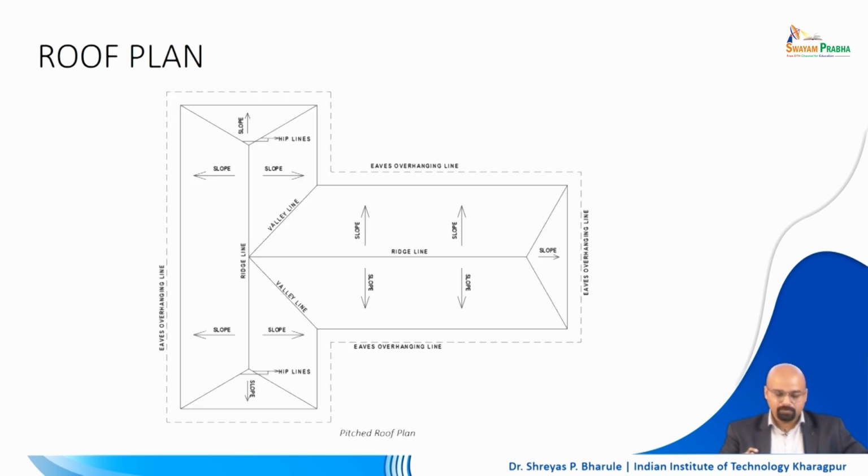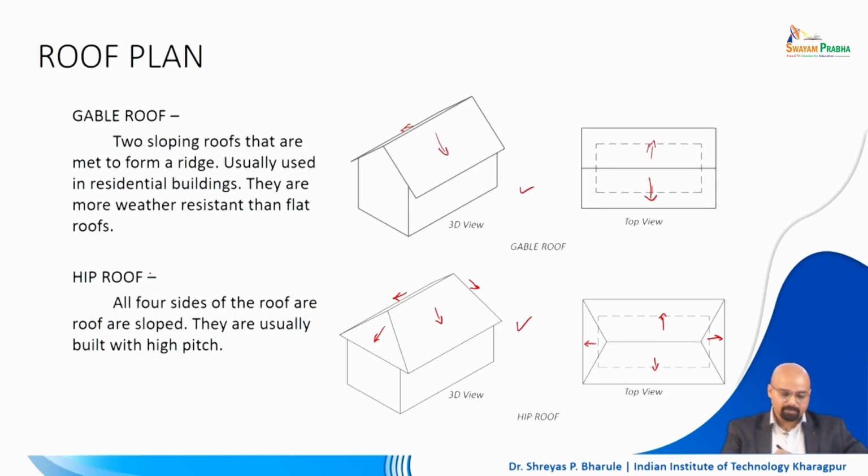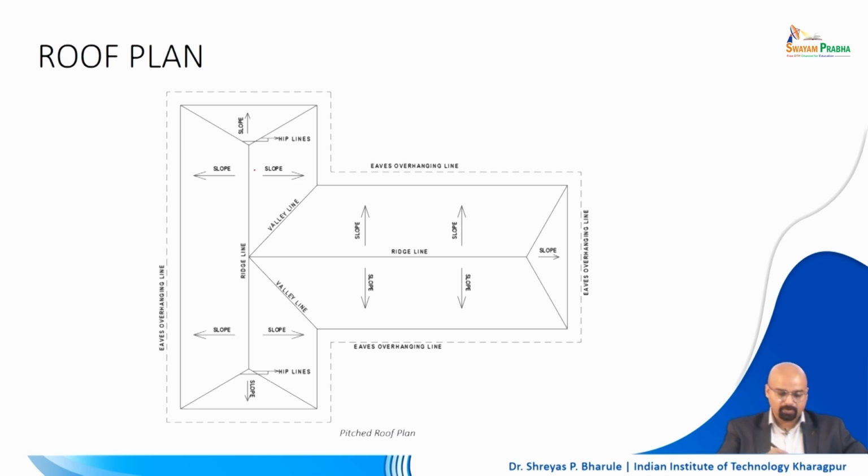So this is how you represent a completely pitched roof plan, a plan wherein the whole roof is pitched, right. This would be a composite of the hip roof, because it is sloping on all sides. It is sloping here, here, and on both these sides as well, right.